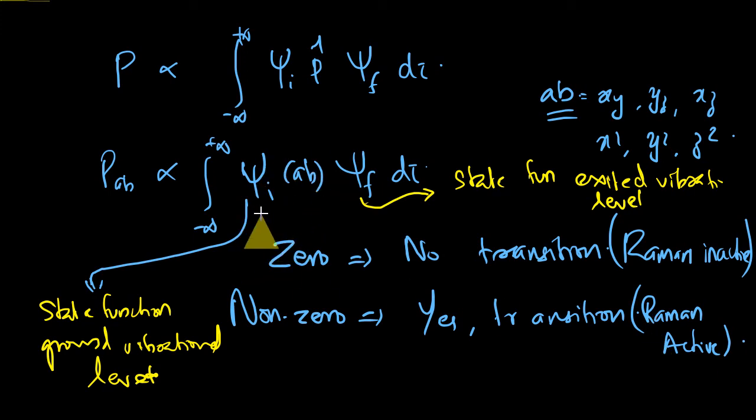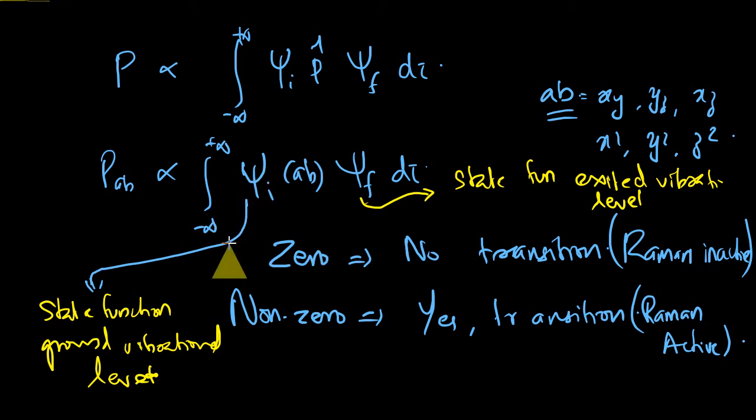And AB represents the operator here, and it corresponds to x, y, x, z, etc. And we know that we have to evaluate whether this integral is 0 or not 0. Normally, we can depend upon a computer to evaluate this integral.